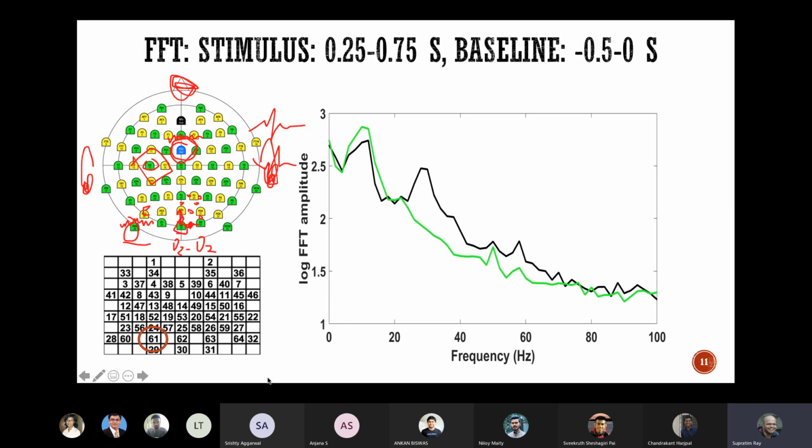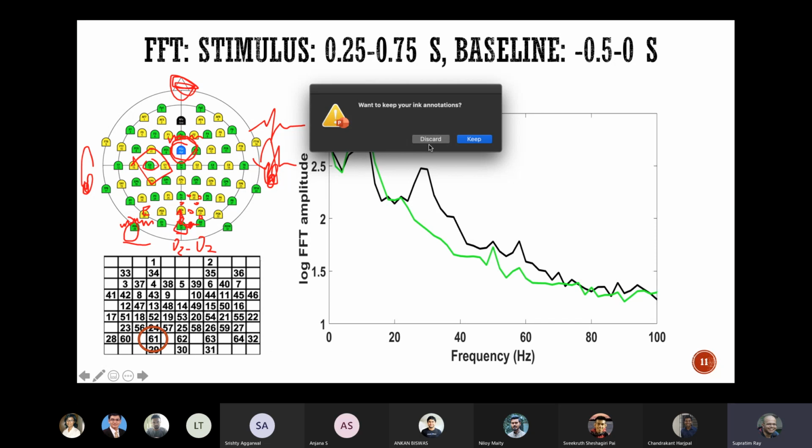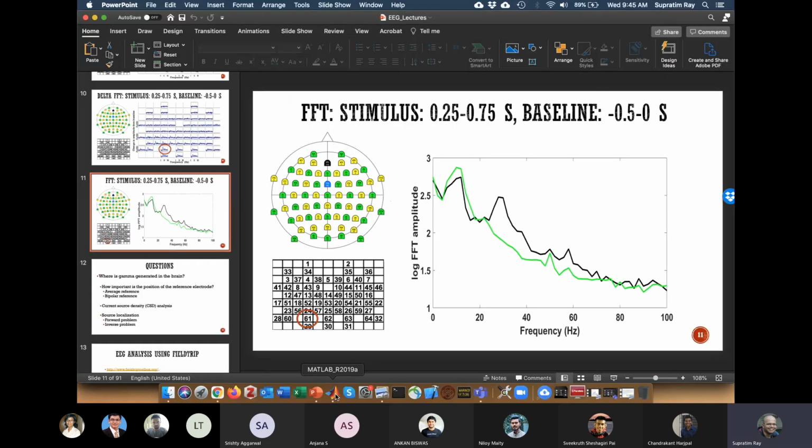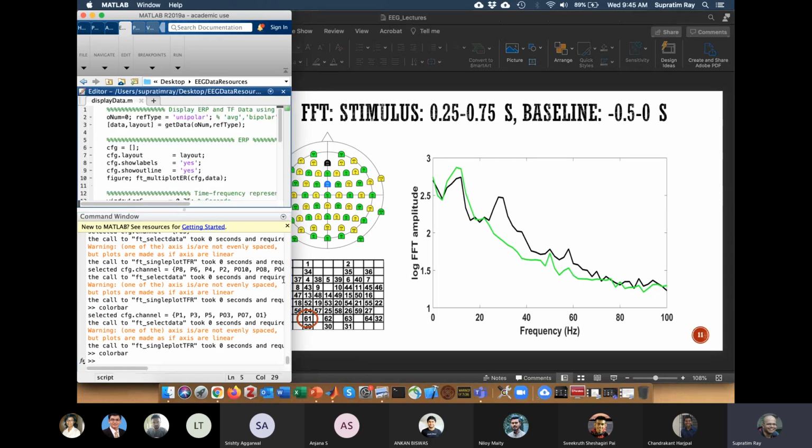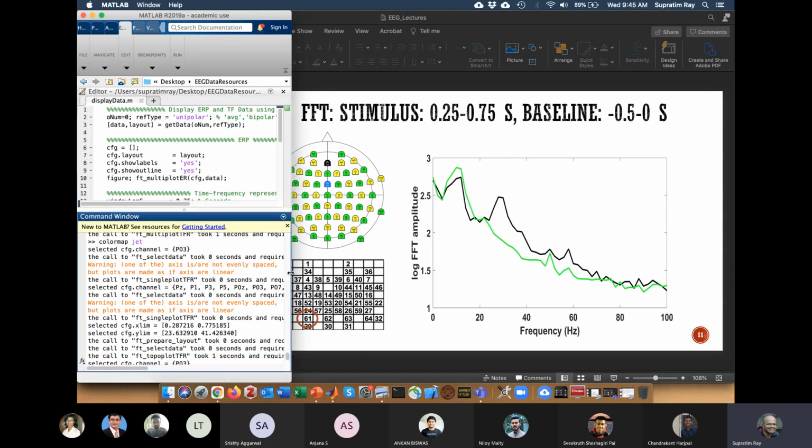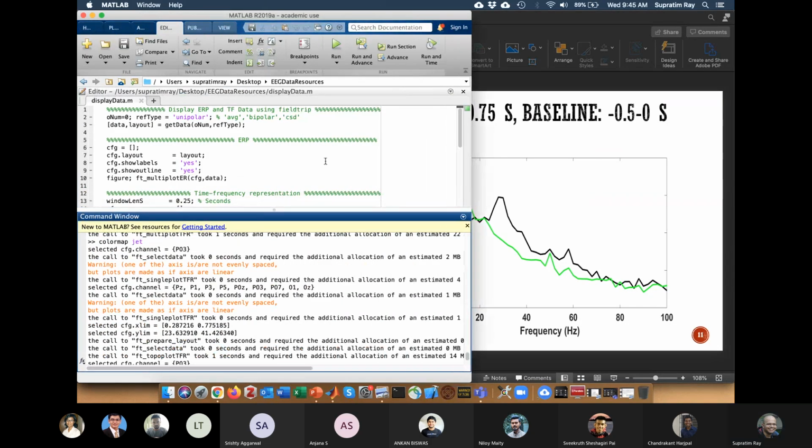The code that I have given you allows you to look at different reference schemes. Here in display data, you could change this to average, bipolar or CSD. So let me do that. Let me do bipolar here.